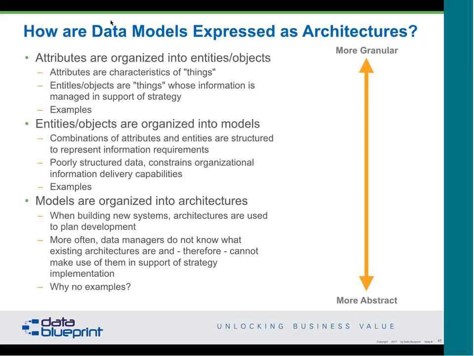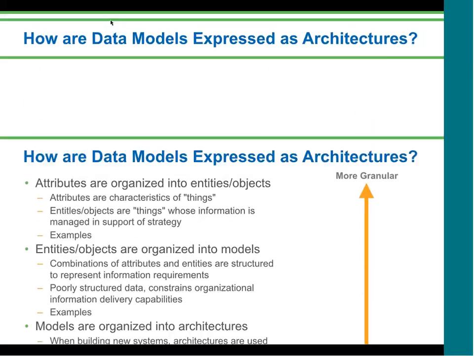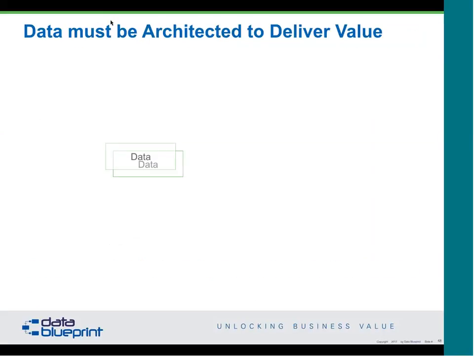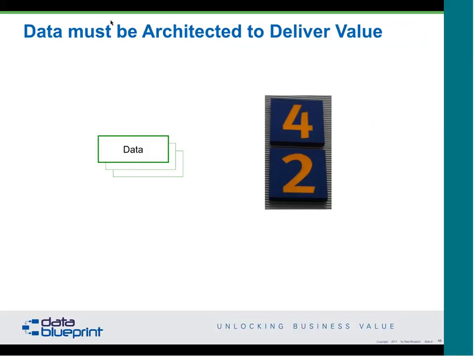So the architectures are used to plan new development, but more importantly, remember, we only spend 20% of our IT dollars on new development, and 80% of the dollars are spent on existing development. So this is why there are very few examples, and most people don't actually see the things that are happening.